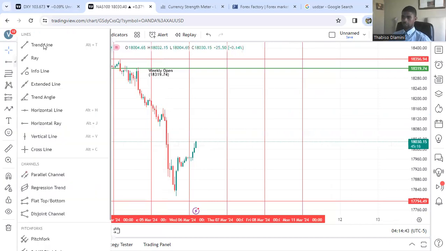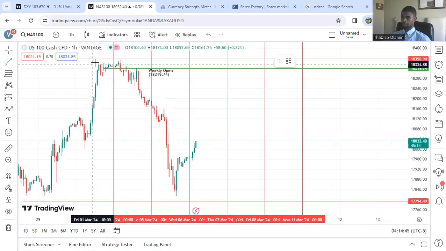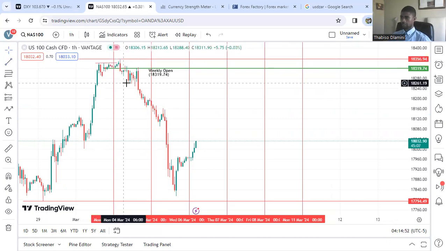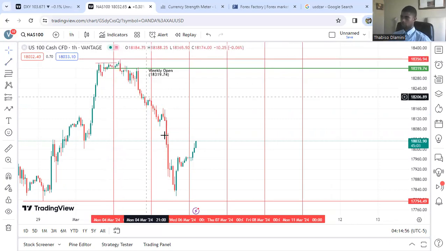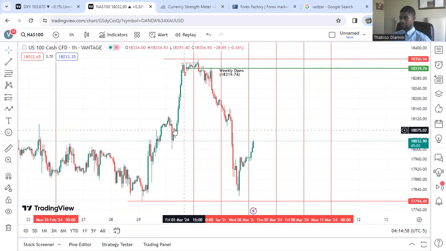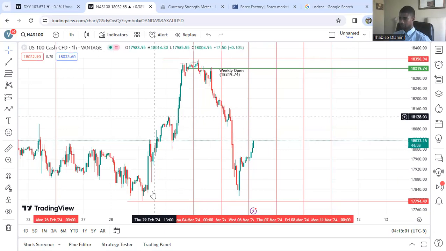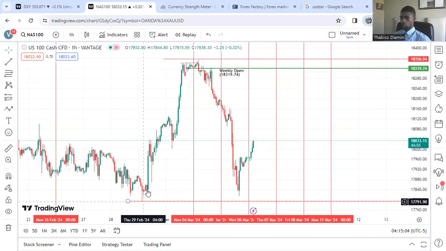Let's just mark it there so that we can see. That was last week's low. And then when the market opened here, what happened? It got taken out. And then as soon as we took out the previous week's high, what happened? We rallied all the way down, taking all the liquidity, all this accumulation here, taking everything. And obviously it could have come here, but what did we do?